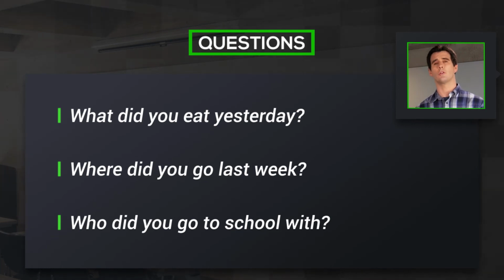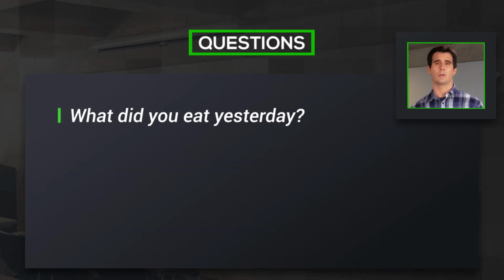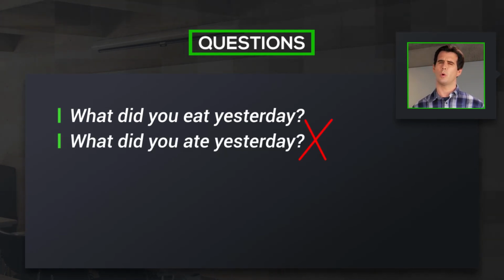Then we have the normal form of the verb. Again, we do not use the simple past form of the verb with questions. So, what did you eat yesterday is correct. What did you ate yesterday is wrong.